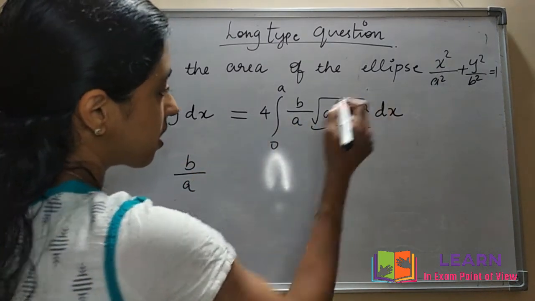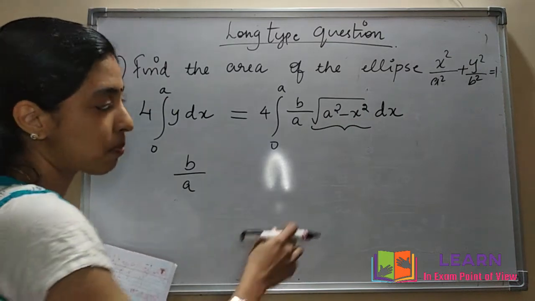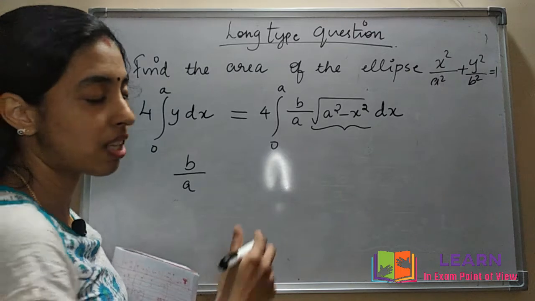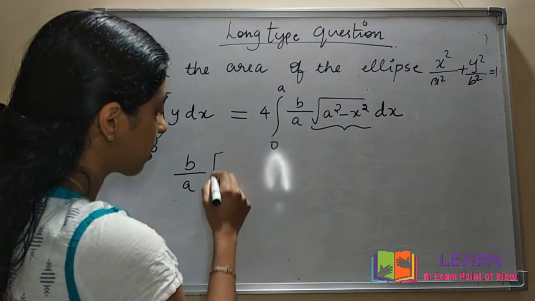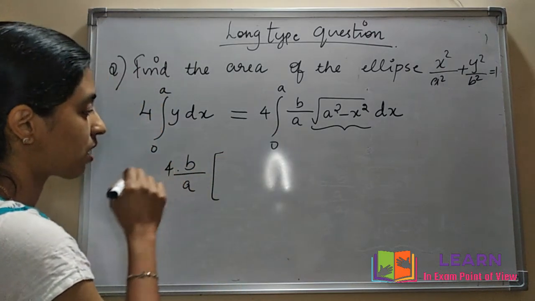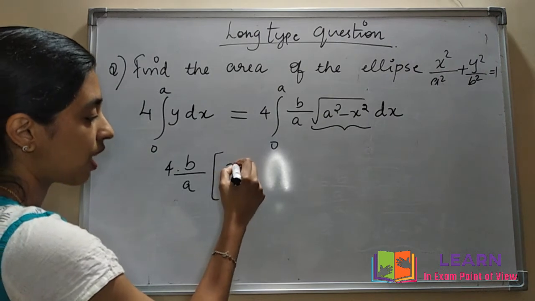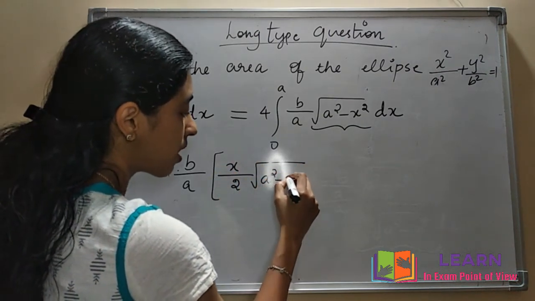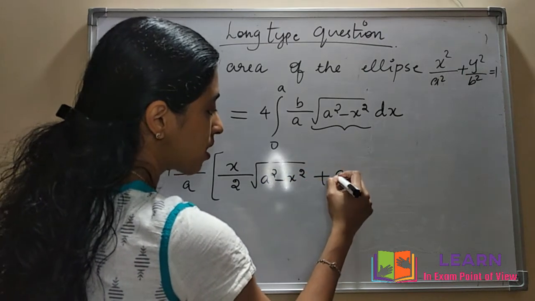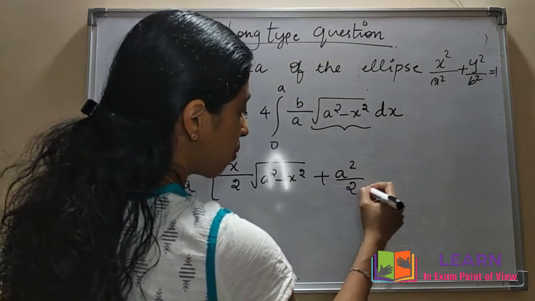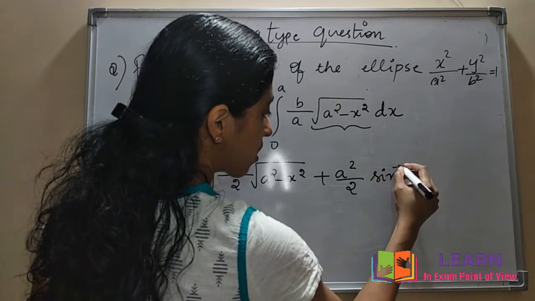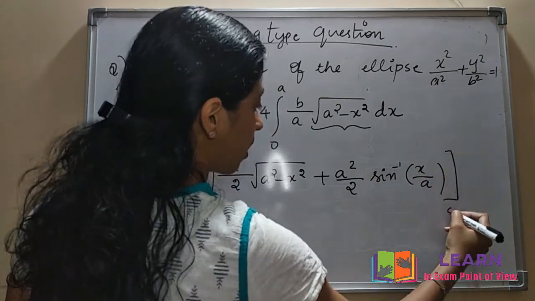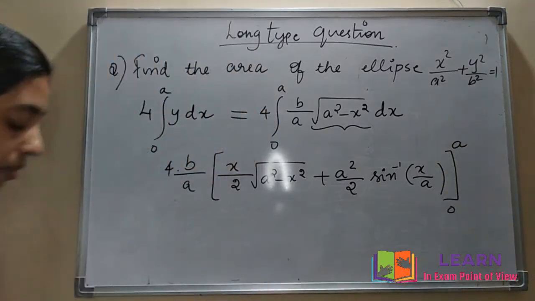This b by a is a constant, take it outside. Then what is the integration formula? You remember: x by 2 into root of a square minus x square plus a square by 2 sine inverse x by a. The 4 is already there outside. So 4b by a times x by 2 root of a square minus x square plus a square by 2 sine inverse x by a, within the limit 0 to a.